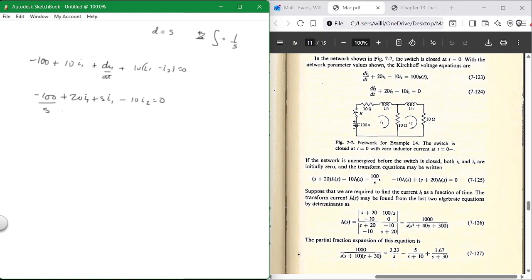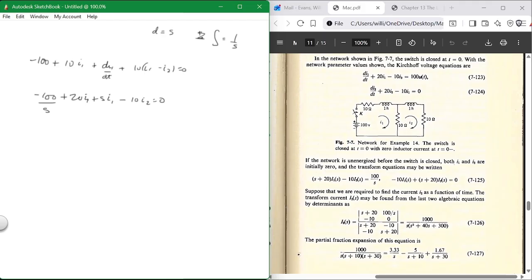So from here to here, I forgot that constant over an s, but you've got to remember that, okay? And that's how that's done. Any questions about that? There's no precondition. If it's a d, it's an s. If it's an integral, it's a 1 over s, and you're done.